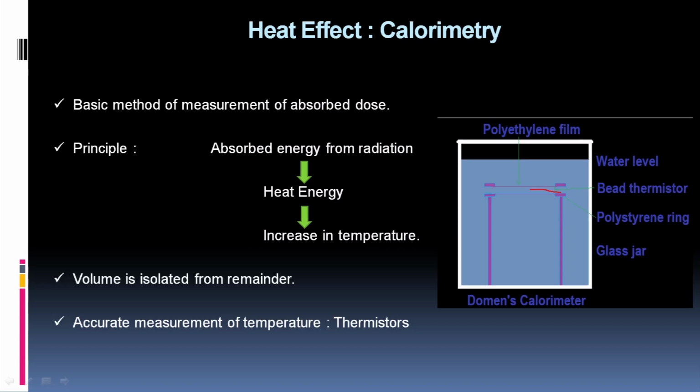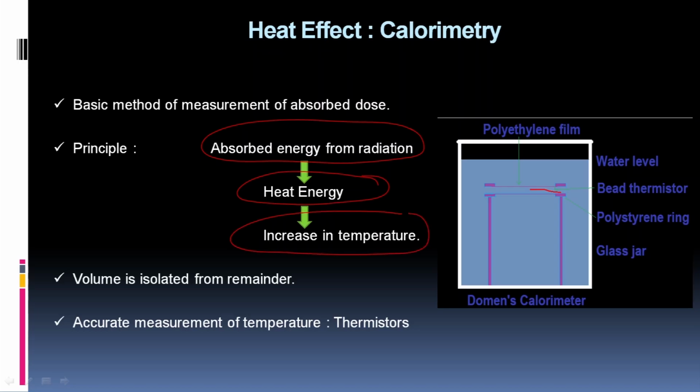So if we are able to measure the minute increment of temperature, we can measure the absorbed dose, the amount of energy received by the medium. The principle is that absorbed dose from radiation is converted to a very small amount of heat energy, which increases the temperature of the medium.